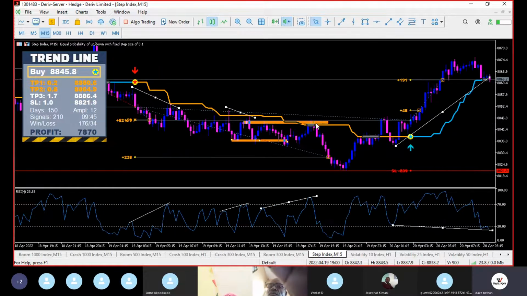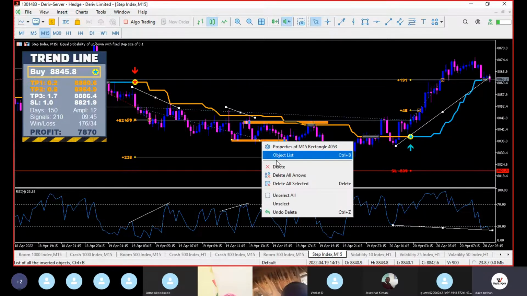We had order block, dynamic resistance, and RSI getting to the 70 level. All right, so this was good, guys.